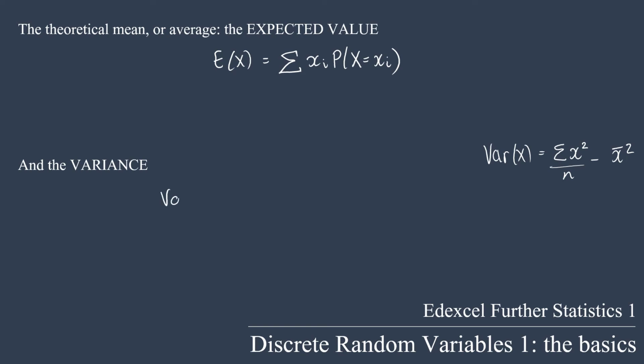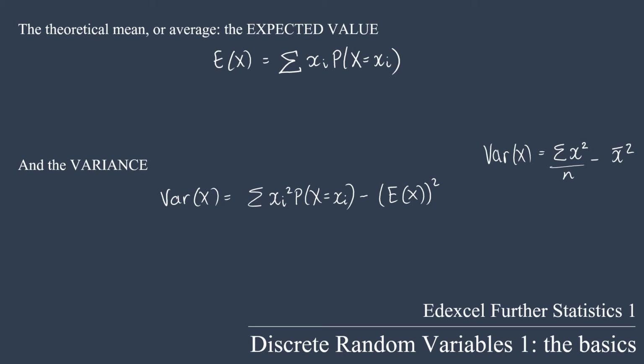Similarly here then, the variance is the sum of the x squareds, but again, because we're dealing with a probability distribution, weighted according to the probability that they occur by, rather than dividing by a total number of numbers, and then minus the mean squared, so our E of x squared.